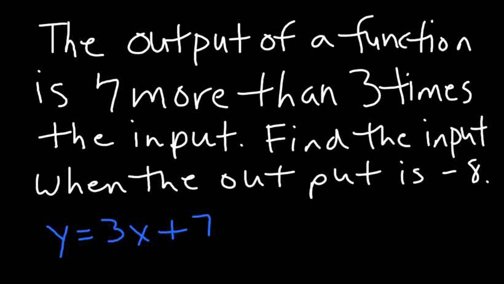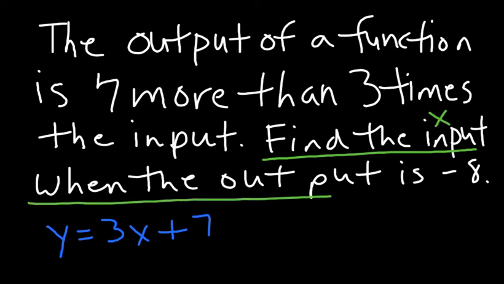Okay, now I've added the second part of this question. Remember the original question, the output of a function, output is y, is 7 more than 3 times the input, input is x, and we decided the equation was y equals 3x plus 7. Now, the second part of this says find the input. What's input? X. Find X when the output, what's output?